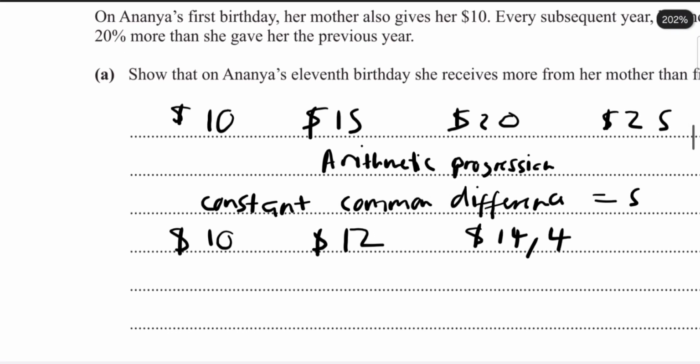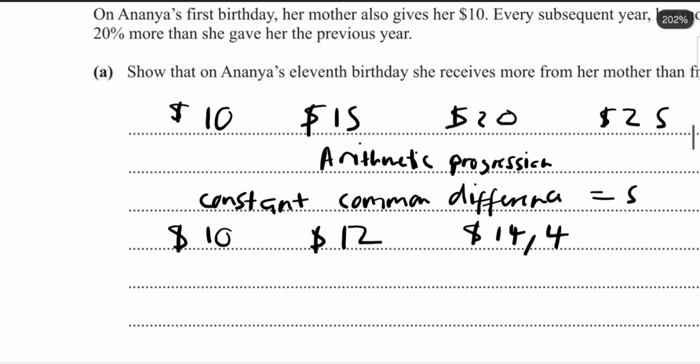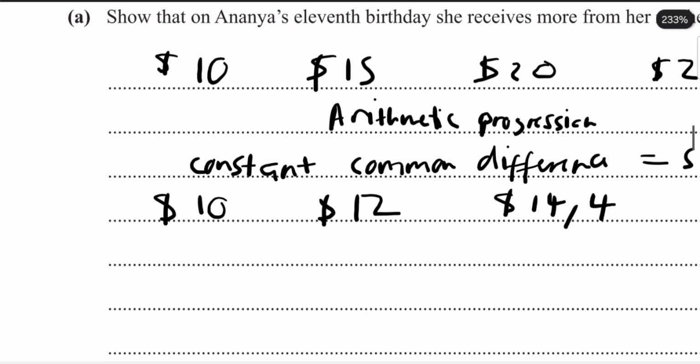And you can see that we don't have a common difference, but rather we can check to see if we have a common ratio. So 12 over 10, that's 1.2. To check, we just say 14.4 divided by 12. It's also 1.2.